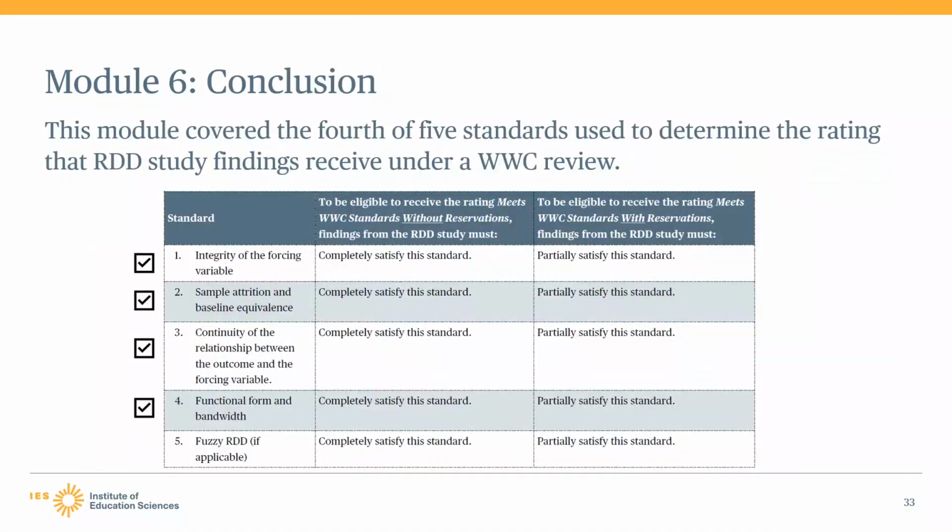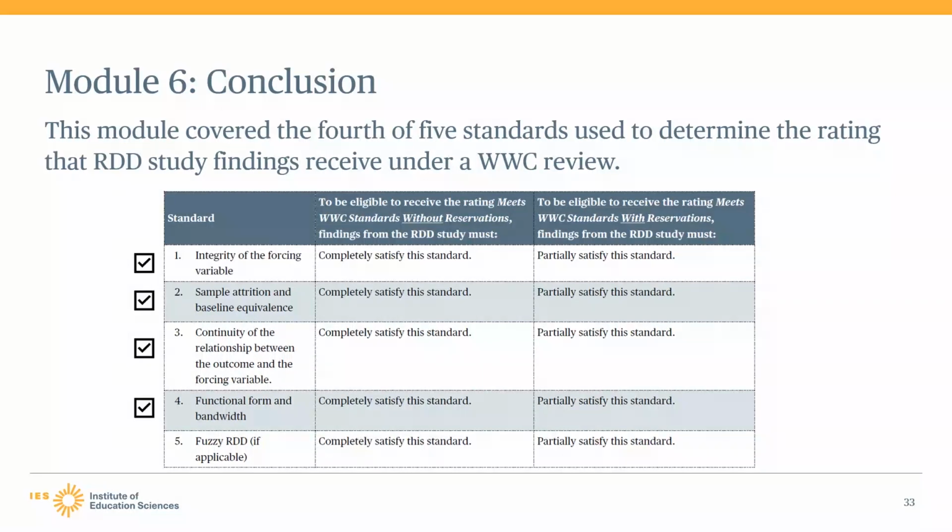Recall that there are 5 total standards that determine a study finding's research rating. You are now familiar with 4 of the 5 standards. For a study finding to receive a rating of meets WWC standards without reservations, the study must completely satisfy the functional form and bandwidth standard. For a rating of meets WWC standards with reservations, the study must partially satisfy the standard.